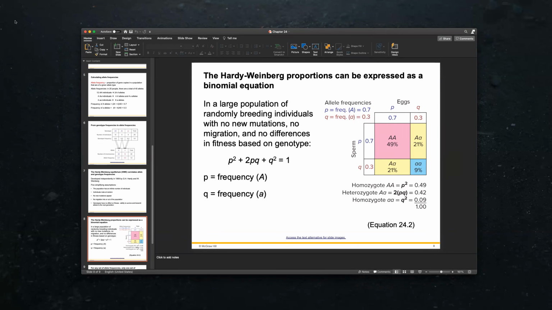So you could do FOIL to get P squared plus 2PQ plus Q squared. And it's still going to equal 1. So that's binomial expansion. Kind of makes sense? Yeah. All right.